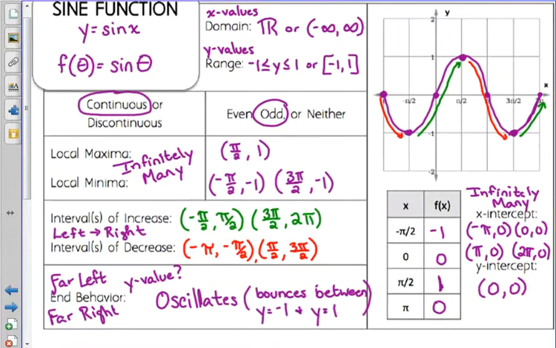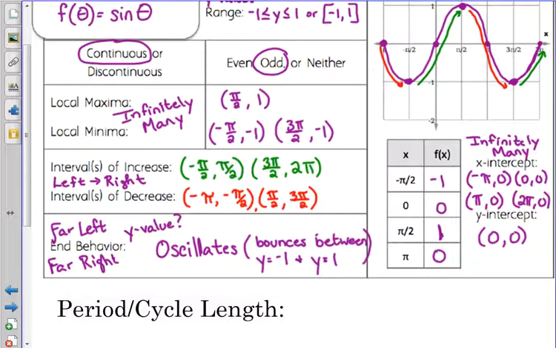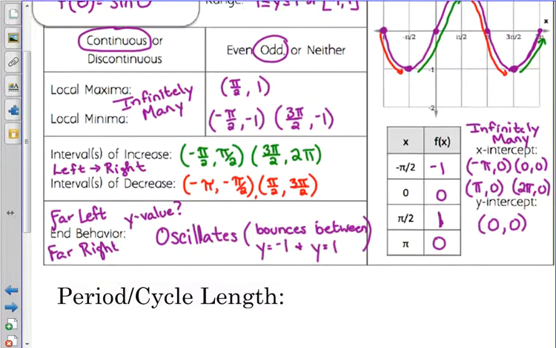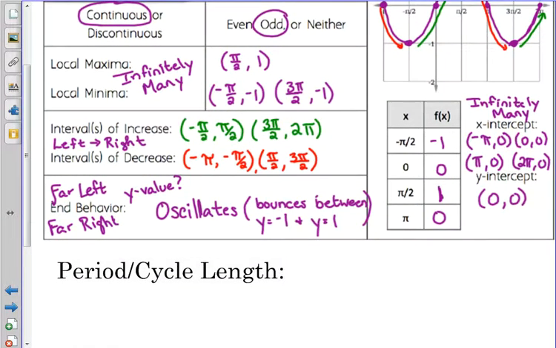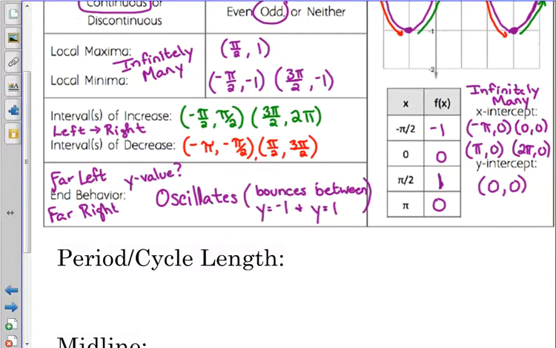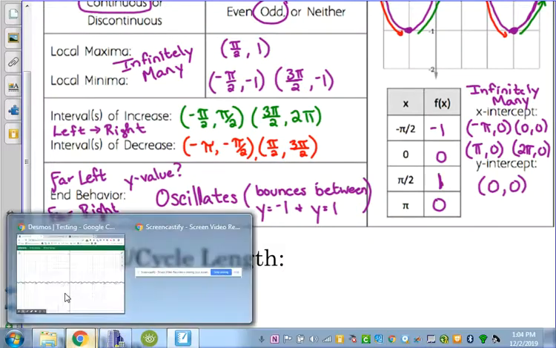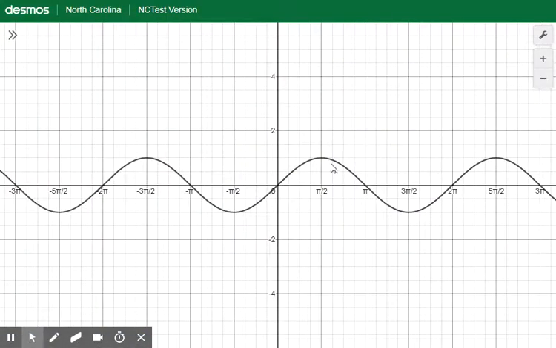Now, here are some specific vocabulary words that will be used in reference to trig functions. The first one is called the period or the cycle length. I mentioned when we first looked at this graph that there's a pattern that repeats over and over and over again. So let me zoom back in here for a second.